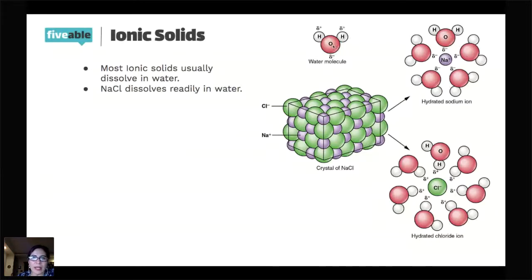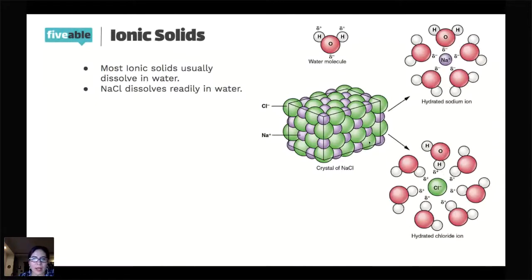So this organizes or ionizes the salt in the way that all the sodium ions will break apart from the solid and will be surrounded by water molecules. And the water molecules will align themselves so that the negative part is facing the sodium ion. And then the opposite will happen with chlorine.